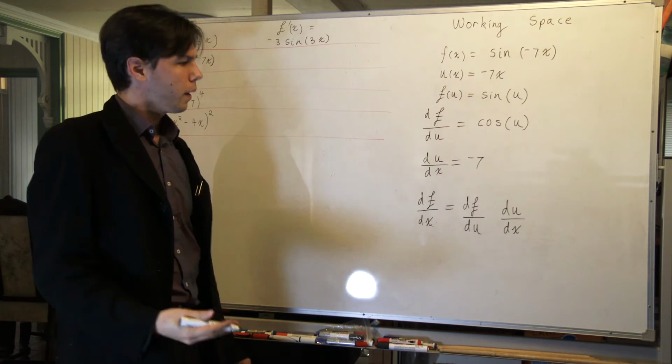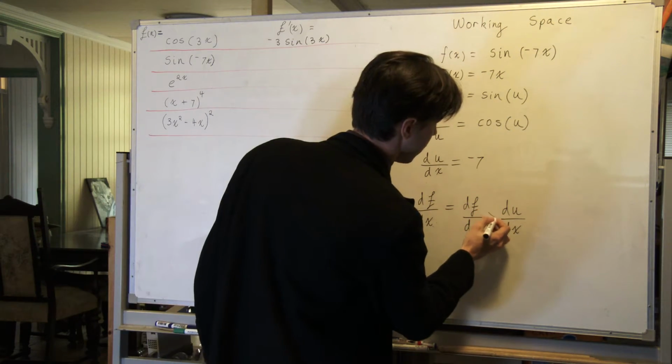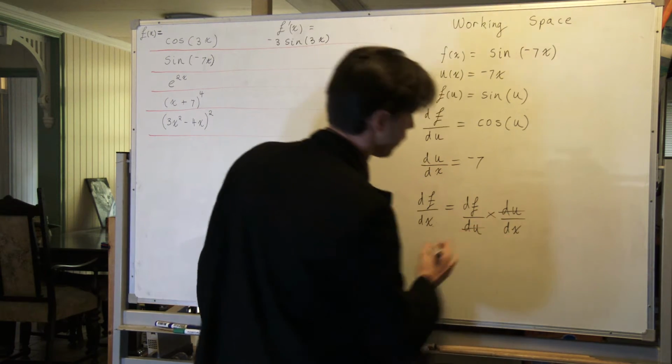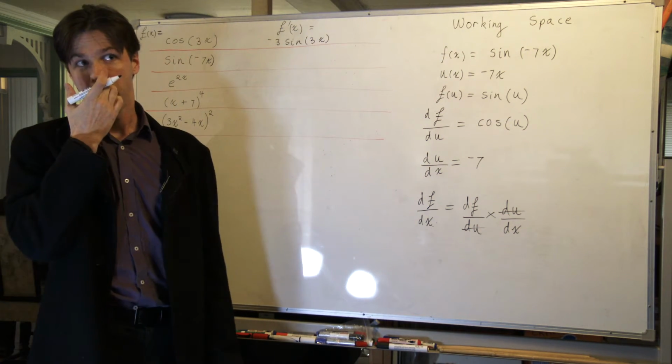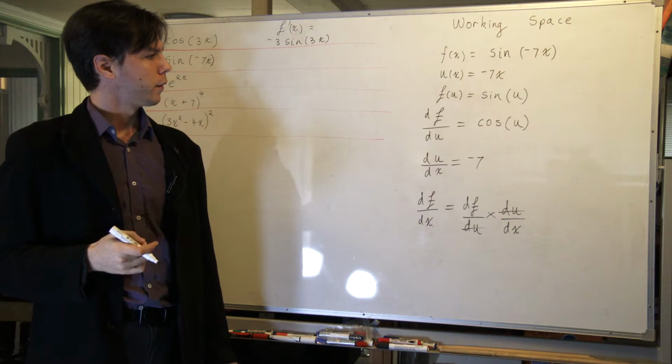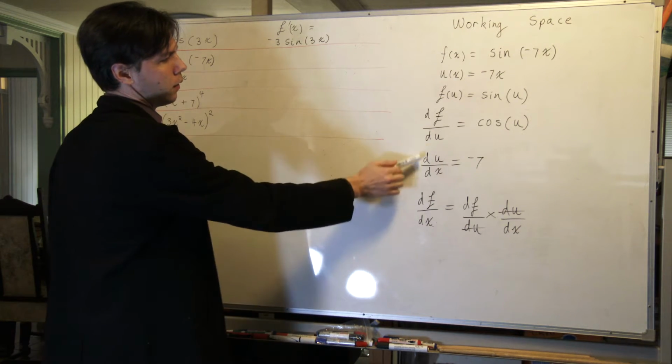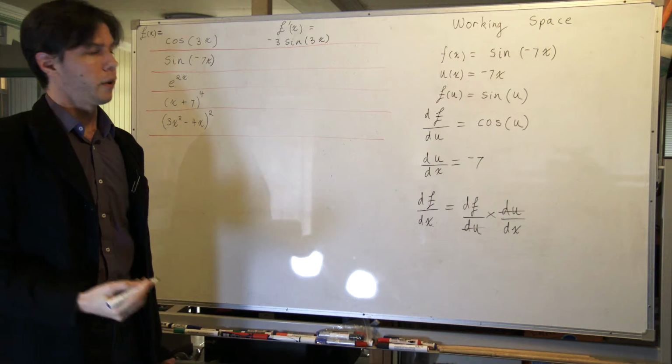And again, if I multiply them together, the du's cancel out, and we're left with df dx. So multiplying these two things is what I want to do.